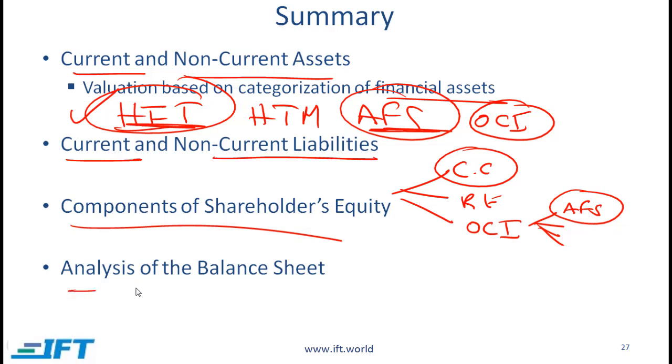And finally, analysis of the balance sheet. You need to understand the common sized balance sheets. Recognize that all numbers are expressed as a percentage of total assets. You can do both a time series analysis, which is looking at changes for a given company over a time period, or you can do a cross-sectional analysis, which is looking at multiple companies over the same period.